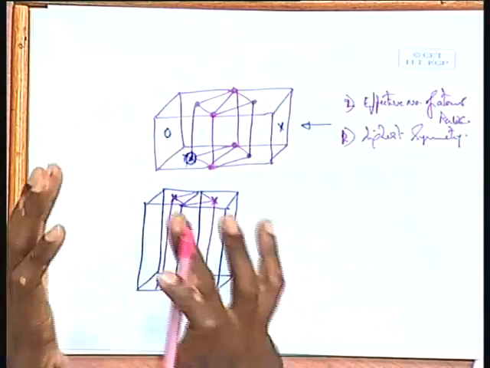If you compare this body centered tetragonal with the face centered tetragonal, the difference between these two is 4 and 2. The effective number of atoms in a body centered tetragonal is only 2, the effective number of atoms in a face centered tetragonal is 4.